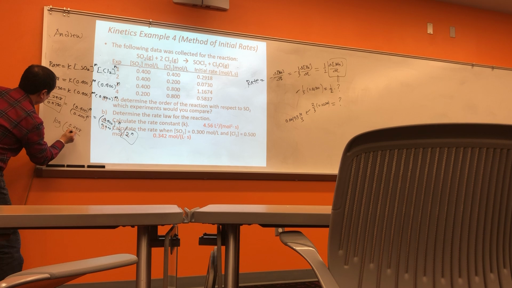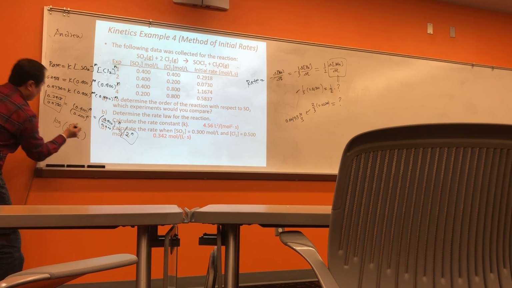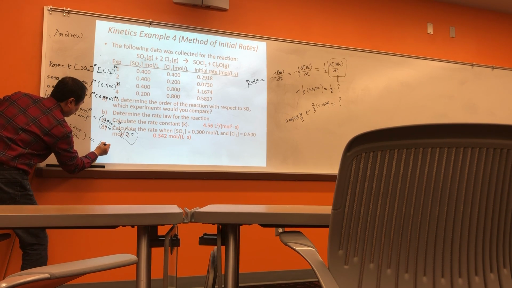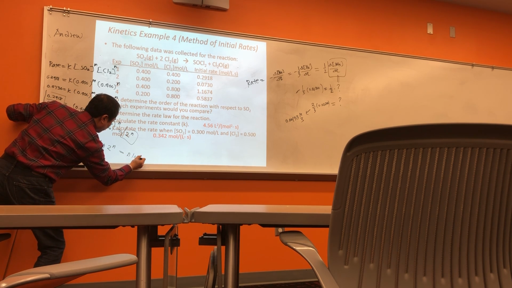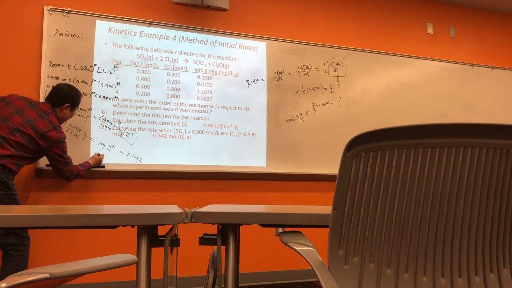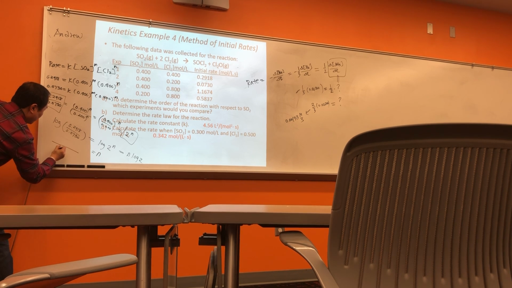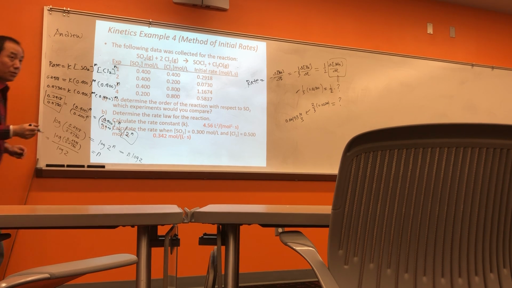You don't have to use natural, although we could. Therefore, my n is log on the bottom, log 2 on the bottom, and log of 0.2918 divided by 0.0730, like that.